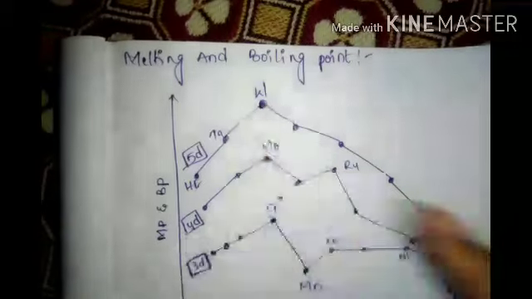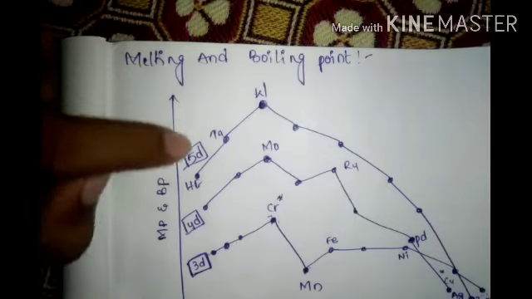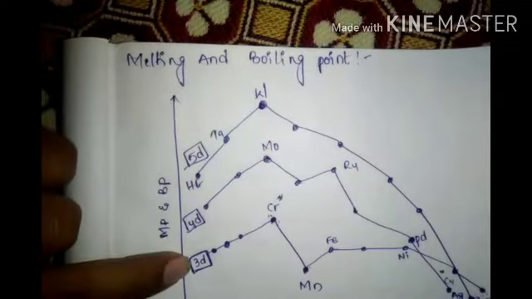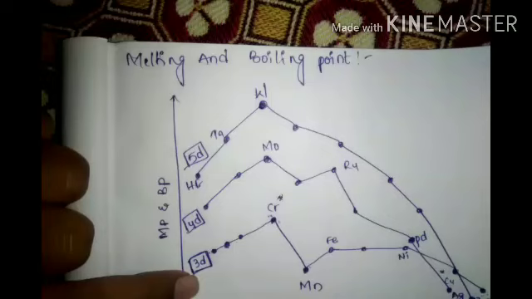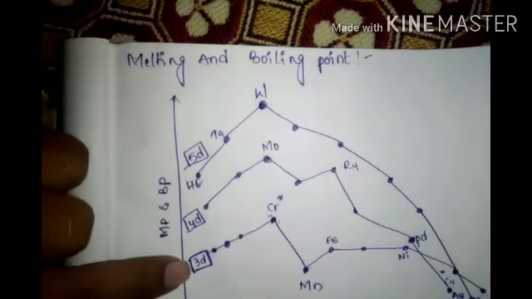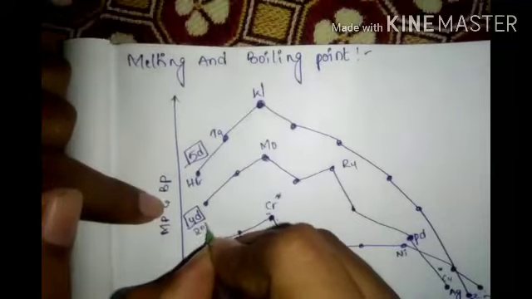In the third transition series, it is the highest place. From top to bottom, melting and boiling points increase. That's why the third series is coming upside, and the first transition metals are coming downside. So 3D means first, 4D means second, 5D means third.